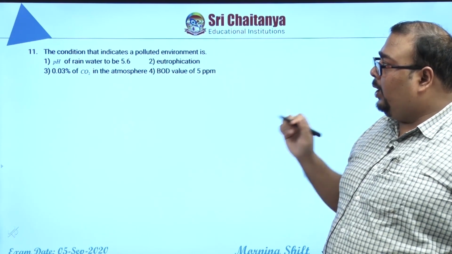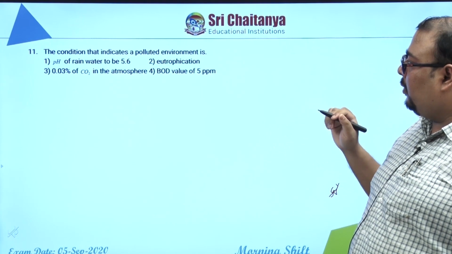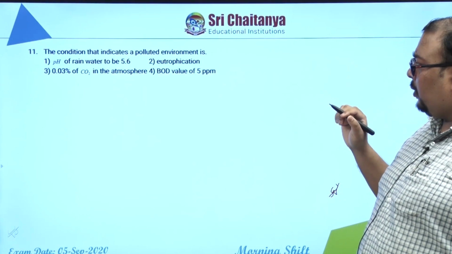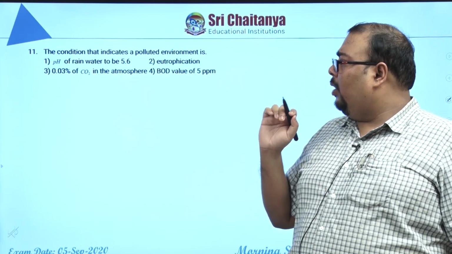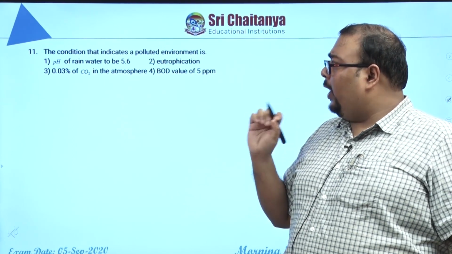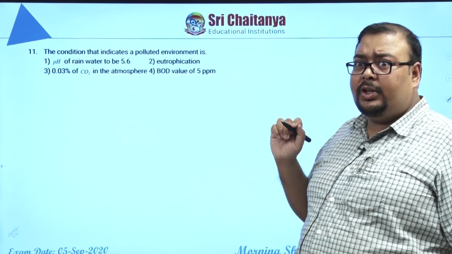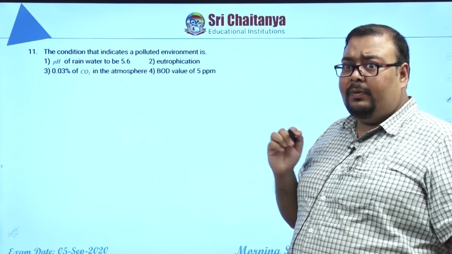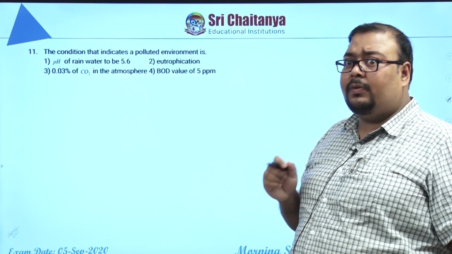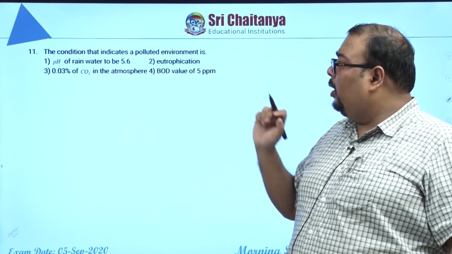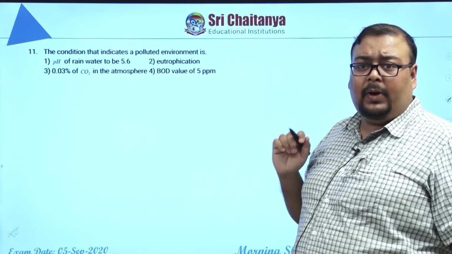Third, 0.03% of CO2 in the atmosphere. And fourth, BOD value of 5 ppm. Now you see, this is a question of environmental chemistry and we have to analyze each option one by one. So option 1, pH of rainwater to be 5.6.